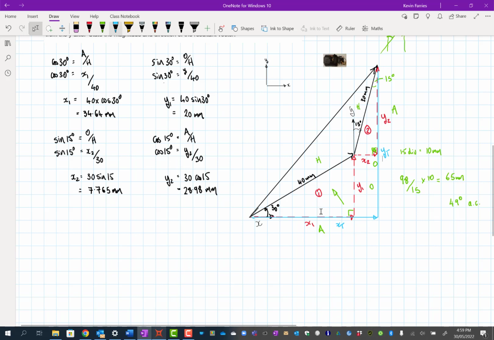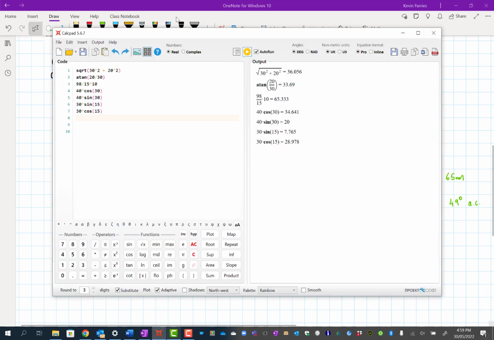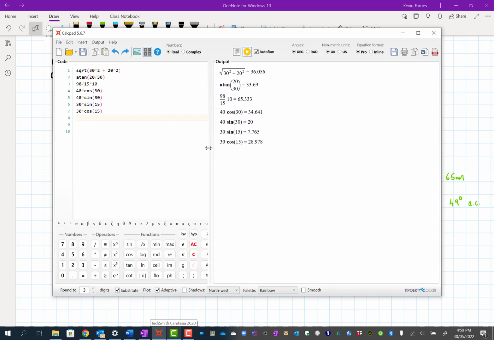And so we can say x total is equal to x1 plus x2, which is equal to 34.64 plus 7.765. Let me make this a wee bit smaller so that we can see it.